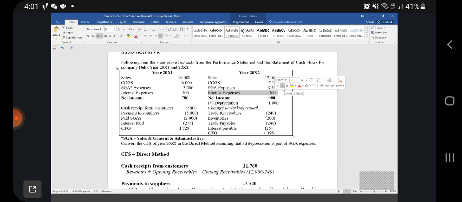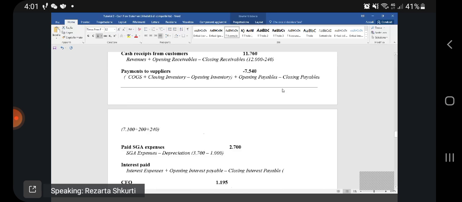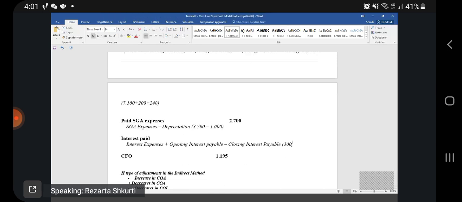And therefore, 300 plus 25, this means that the interest paid is 325 over here. Look, I did again one of my common mistakes that I accept. Minus 2,700. Don't forget these minuses. Sometimes they are a big problem.